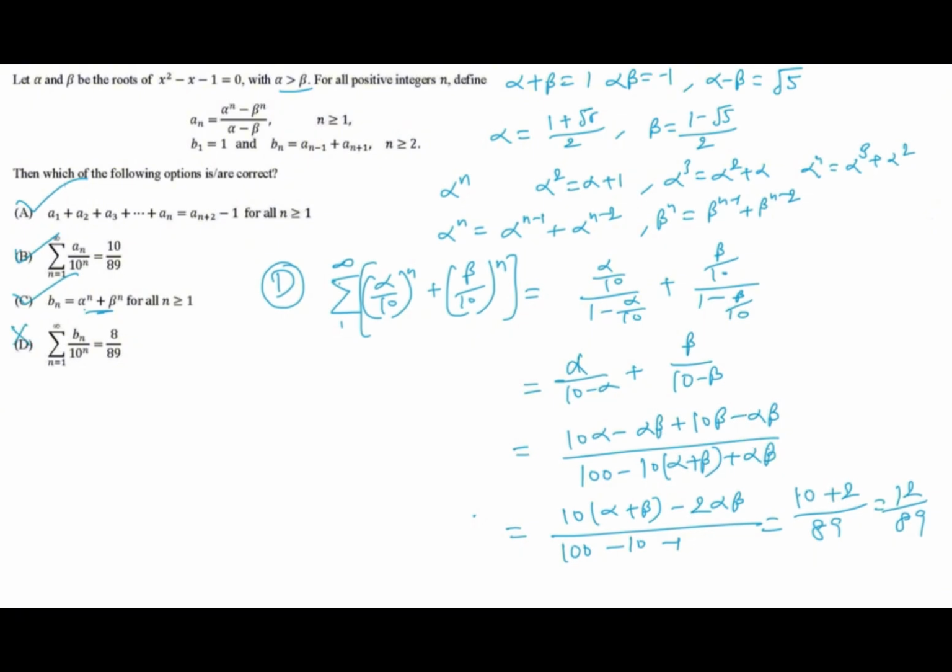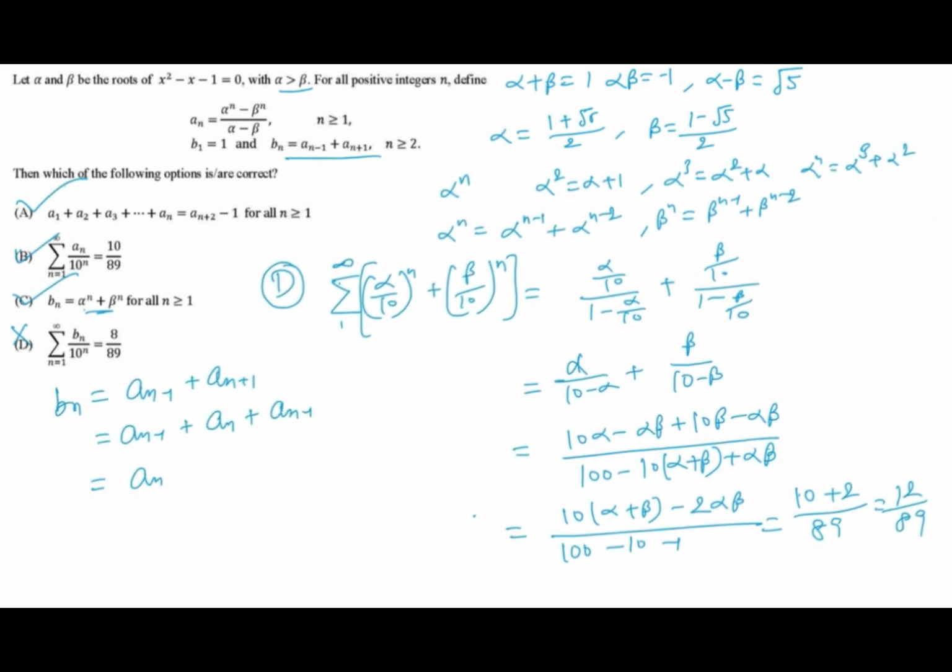Another way to check option D is that we can see from the given expression bn is equal to an minus 1 plus an plus 1, and we can write an plus 1 in the form of an, which is an plus an minus 1.